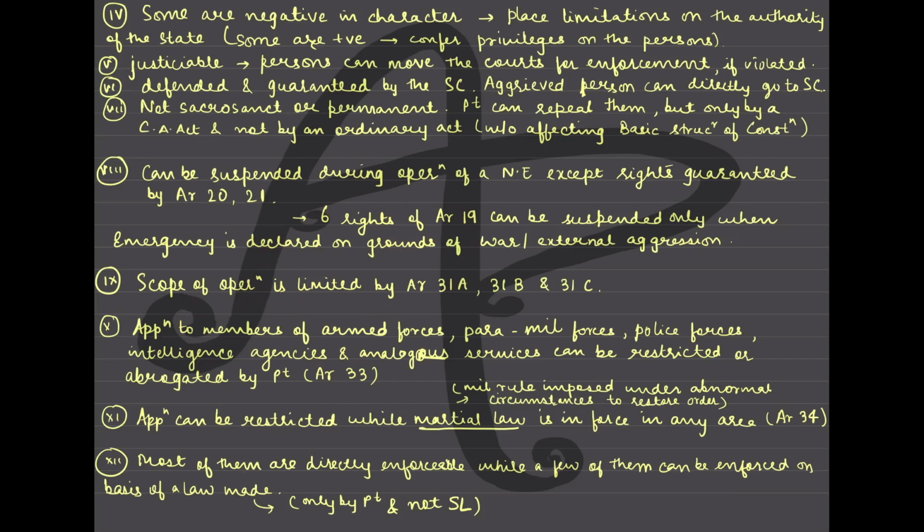So article 33 talks about how the fundamental rights will apply to the members of these people who are engaged in the security services. So you cannot give them equal rights as any other ordinary citizen, otherwise there will be a problem for security. So armed force, paramilitary, police, intelligence, etcetera, what kind of restriction or abrogation will apply to them, that Parliament decides.